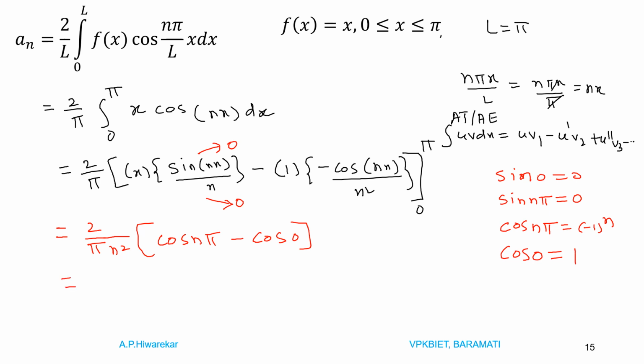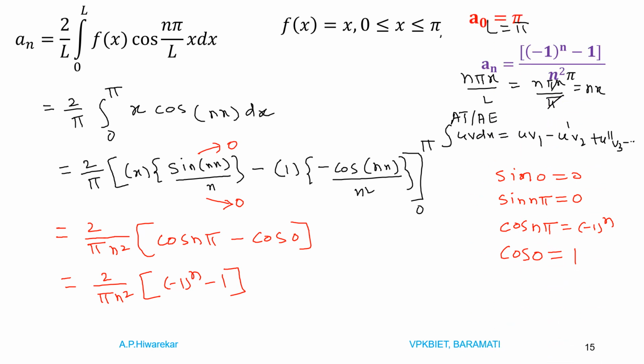So the value of an is 2 by pi into n square, in brackets minus 1 power n minus 1.